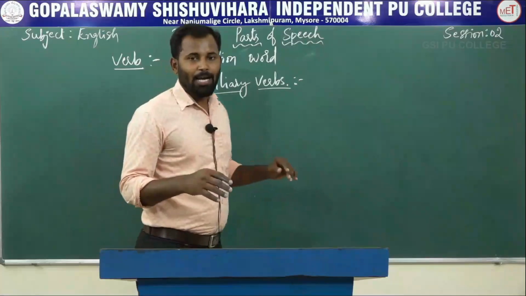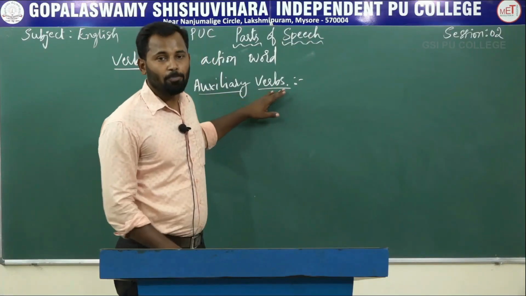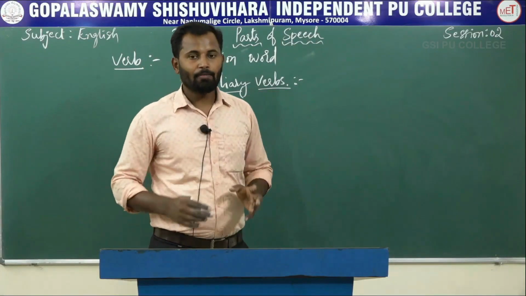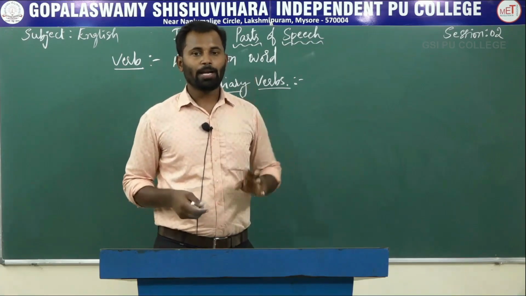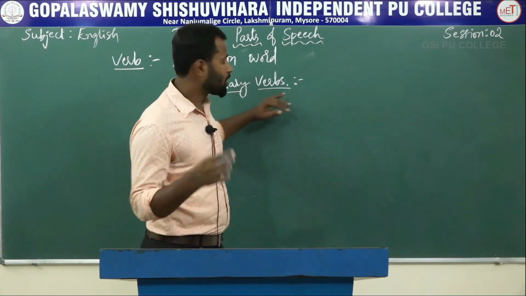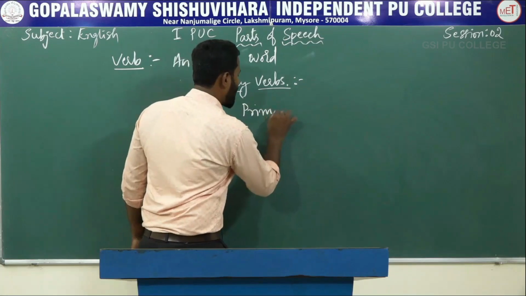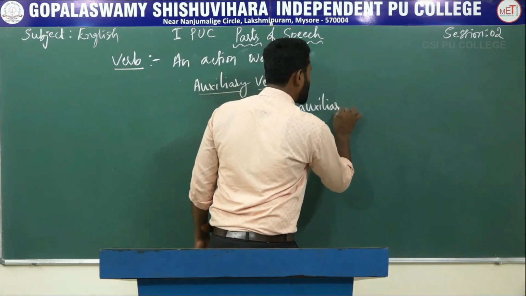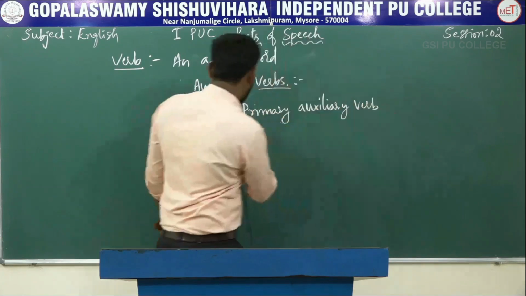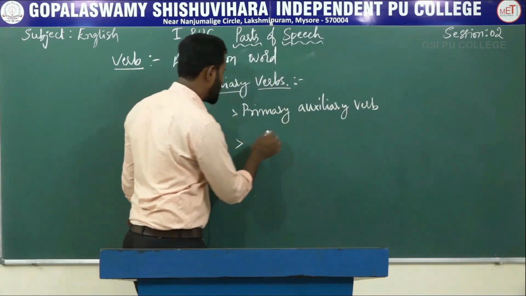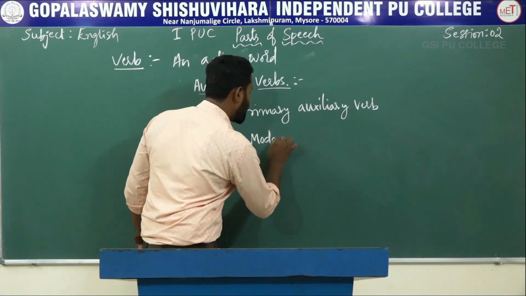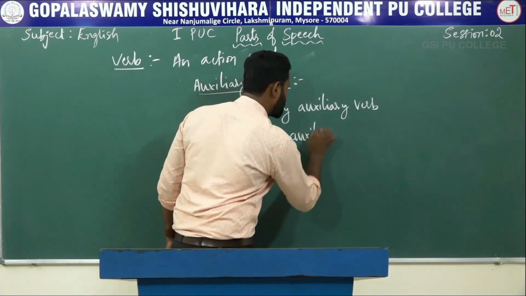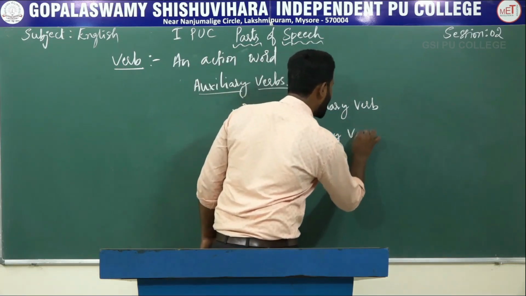So let us now understand more about auxiliary verbs. When we study the auxiliary verb, we have to understand the two varieties of auxiliary verbs. The first one is primary auxiliary verb, and the next one is modal auxiliary verb.